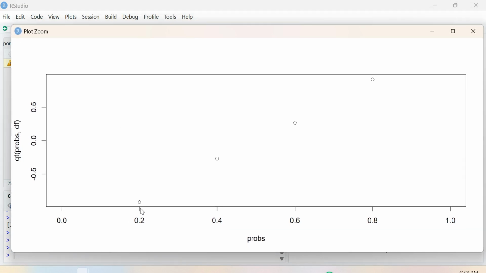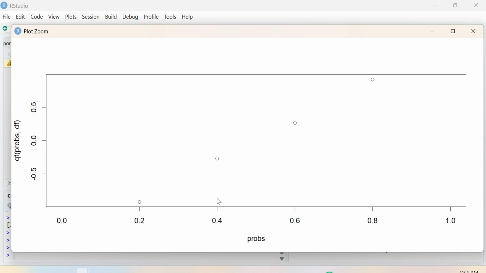You can see for the probability 0.2, the quantile is a very low value, about minus 0.9, right? And for cumulative probability 0.4, its value is almost minus 0.2.